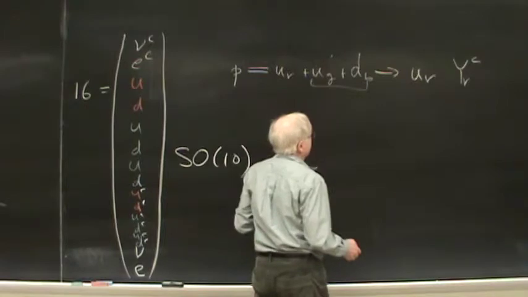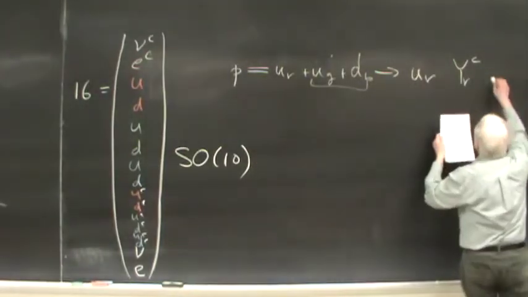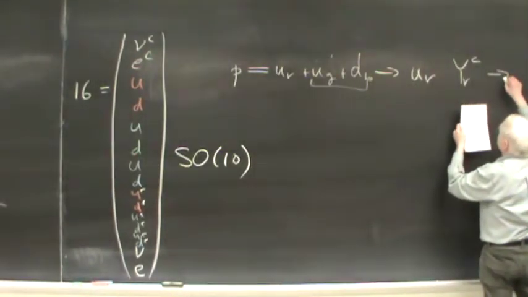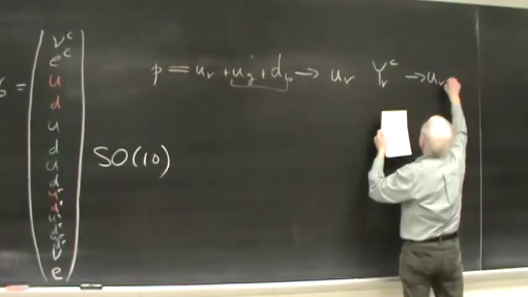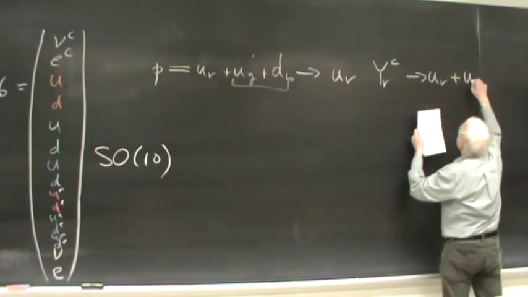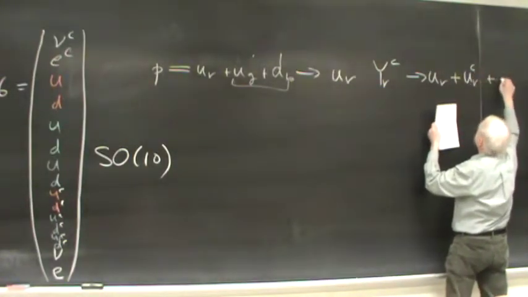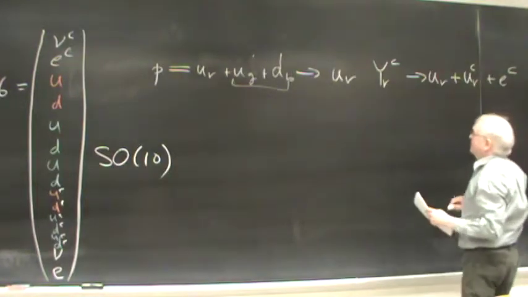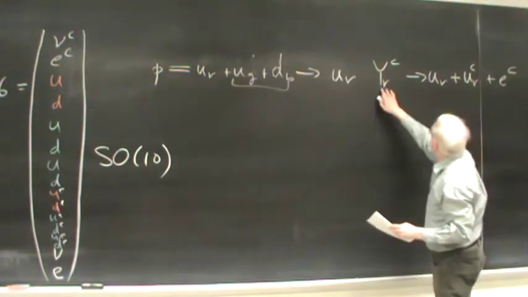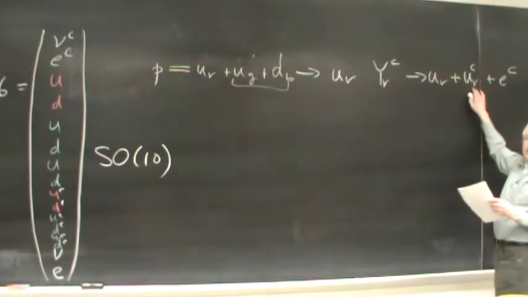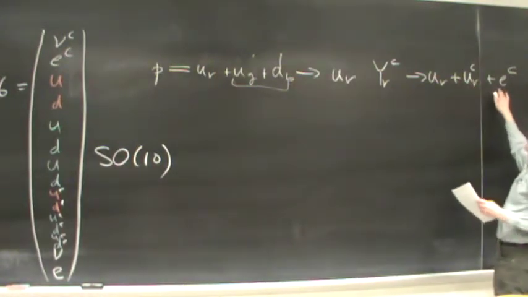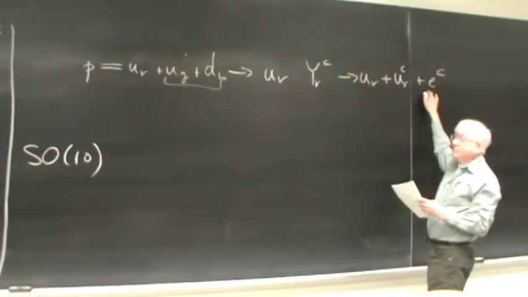And then this goes into U red plus U red conjugate plus E conjugate, in other words, a positron. This can decay, in other words, into an anti-red up quark and a positron.